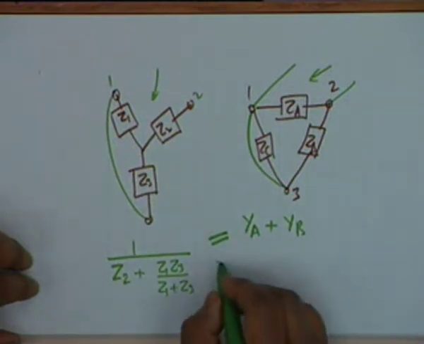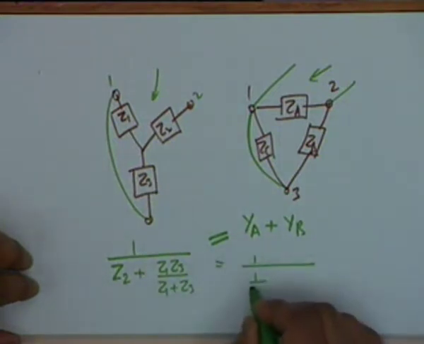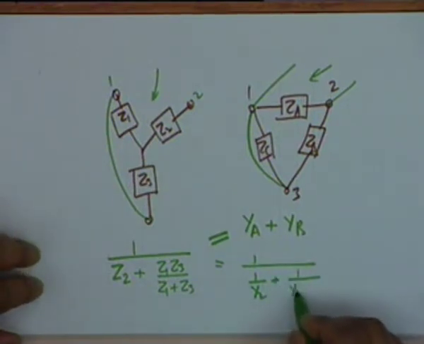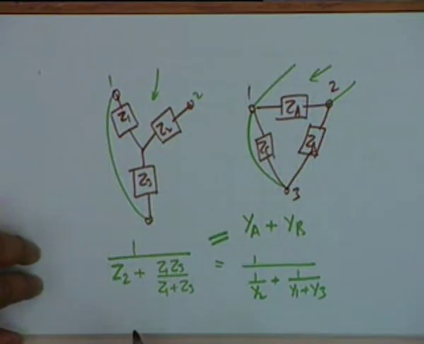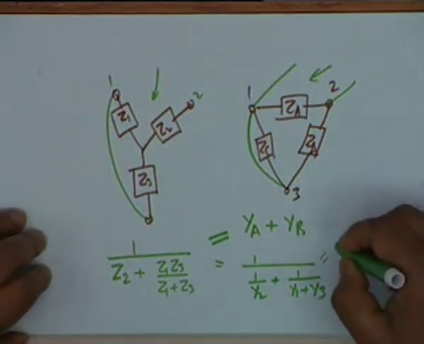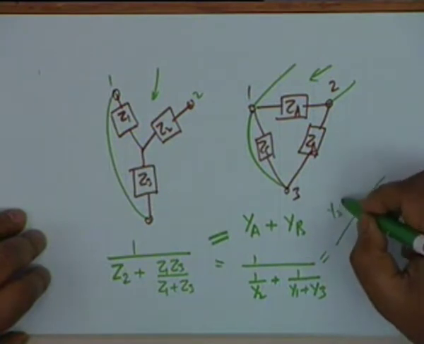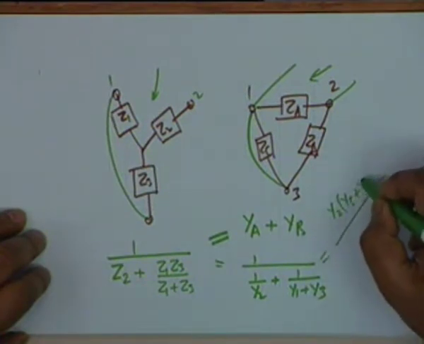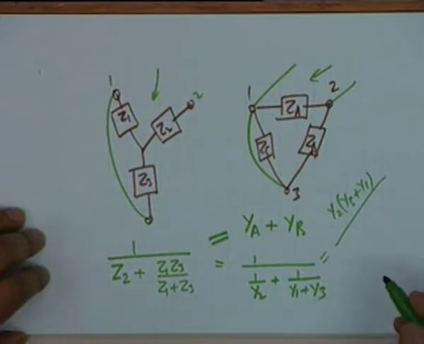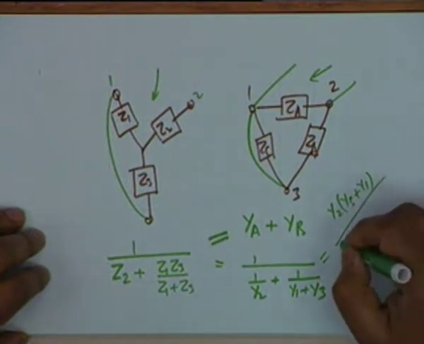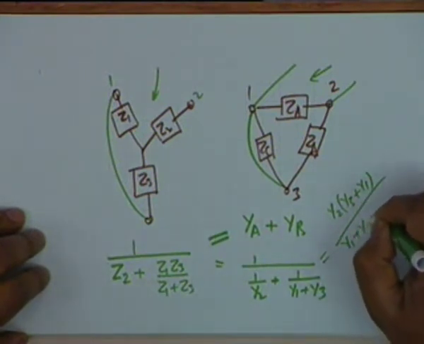I can write this as 1 over Y2 plus 1 over Y1 plus Y3, which I can simplify as Y2 Y3 plus Y1, I am writing in a circular fashion, circular symmetry, divided by Y1 plus Y2 plus Y3.